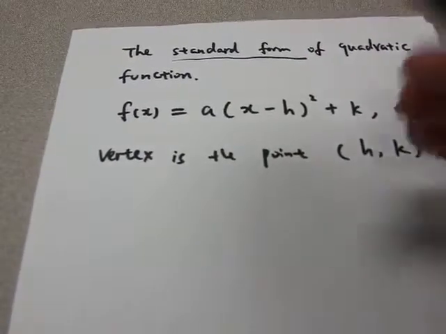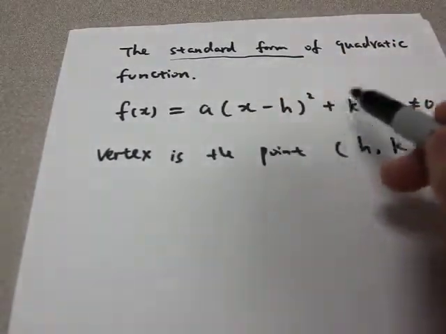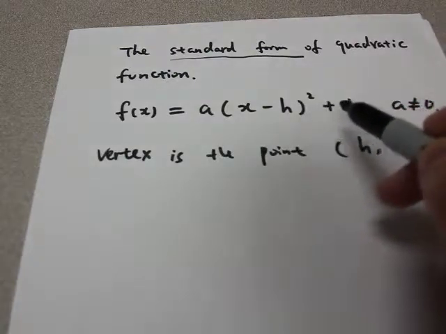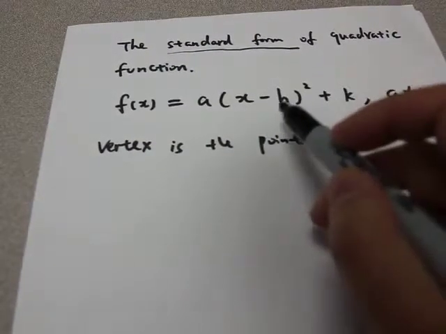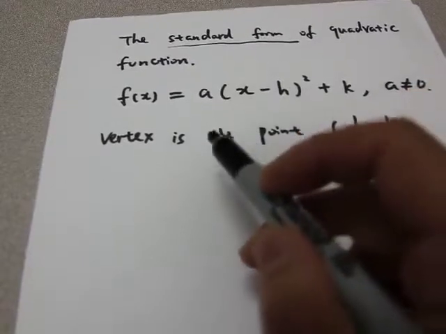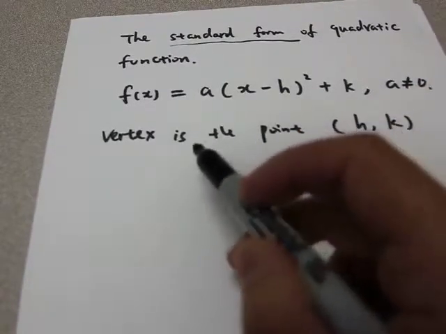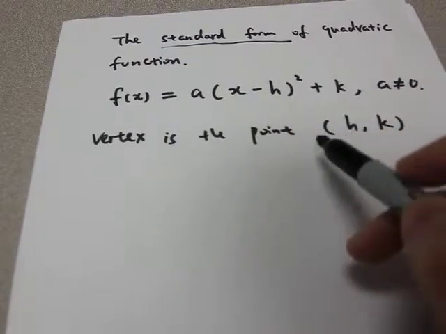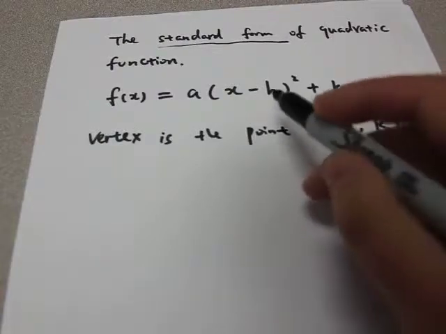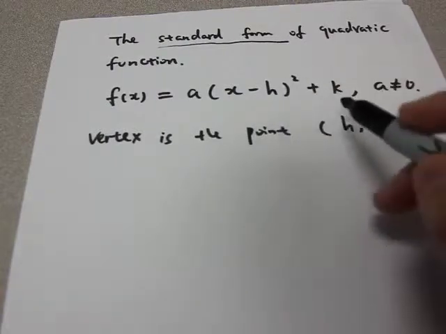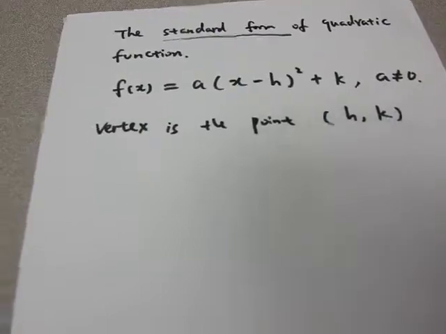Now the good thing about using this form to express a quadratic function is that from the numbers h and k, we can tell the vertex. So the vertex is the point where the x coordinate is h and the y coordinate is k.